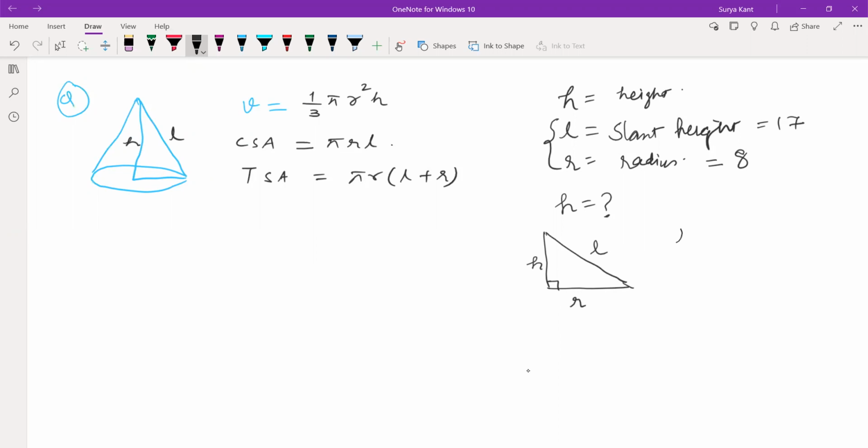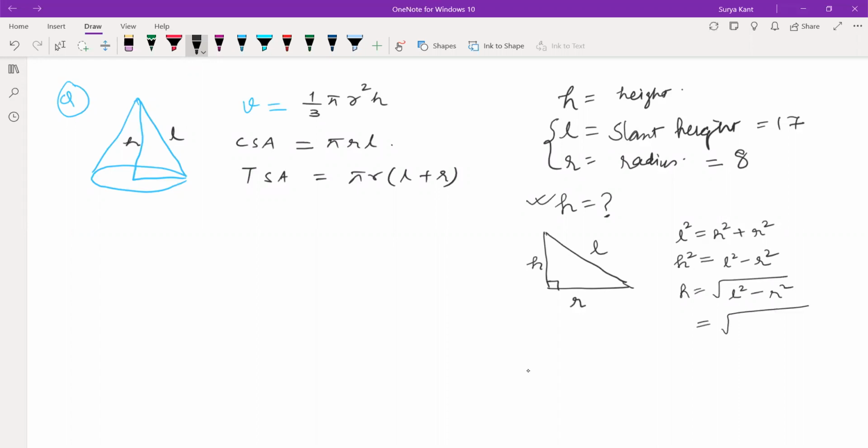L square is equals to H square plus R square. But I'm asking here H. So H square is equals to L square minus R square. Very good. So H is equals to root over L square minus R square, right?